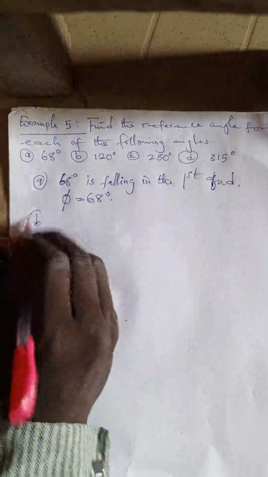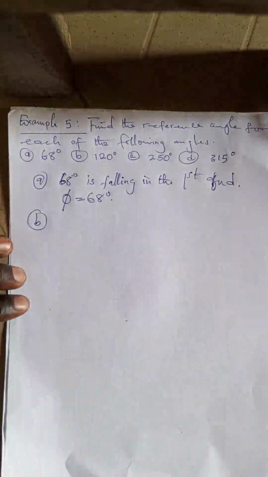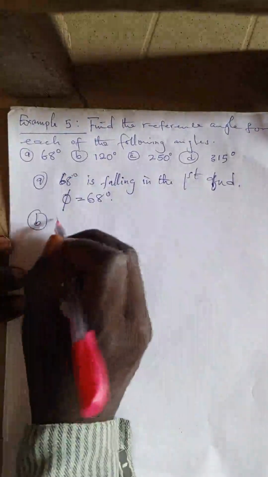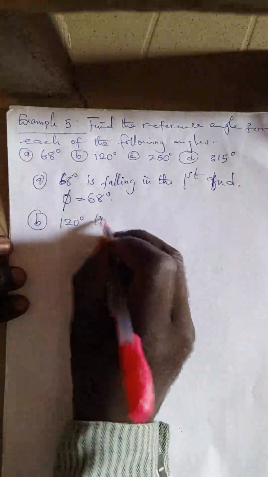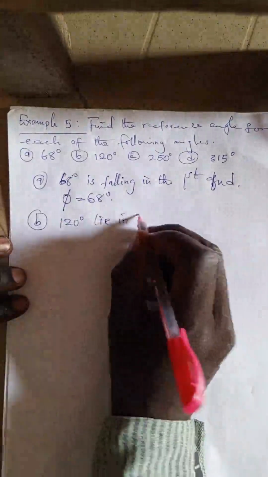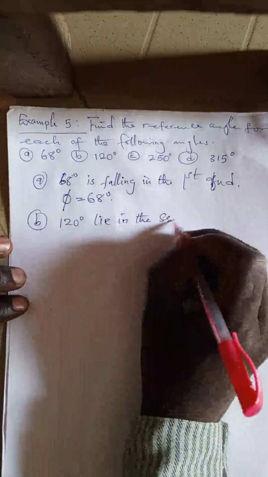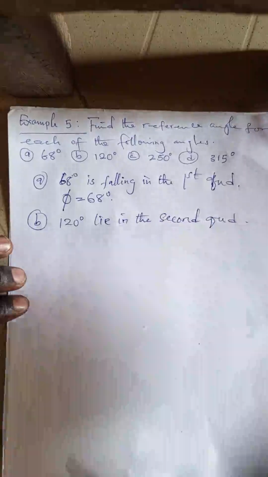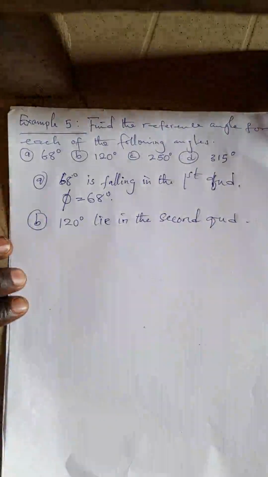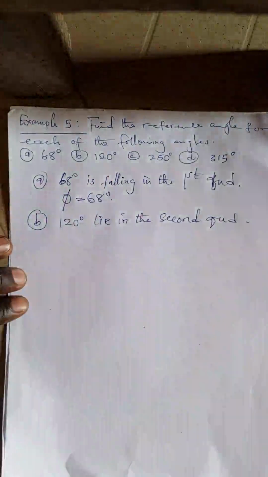Coming to the second question, we have 120 degrees. This one lies in the second quadrant. Why did I say it lies in the second quadrant?